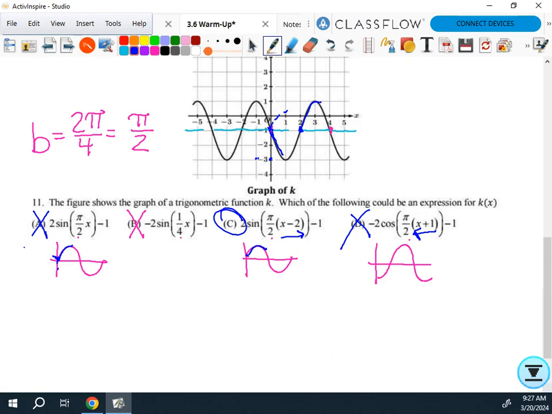You do everything from the parent function, you always start at 0, then you don't have to overthink it. Okay, so always start on the y-axis. Then all you have to decide is, am I starting at the y-axis on the midline, or am I starting up or down? You start up or down for cosine, you start on the midline for sine, every time. Okay, does that help? That's a good question. What else you got?